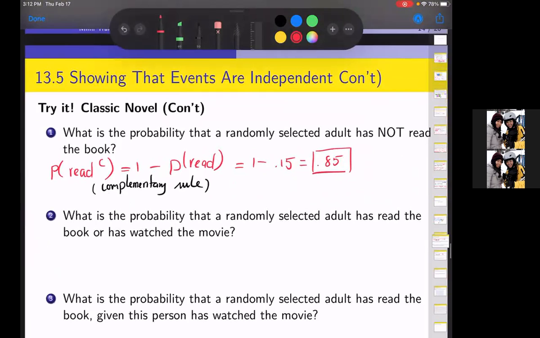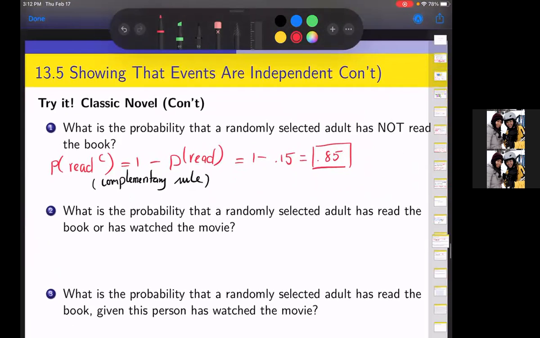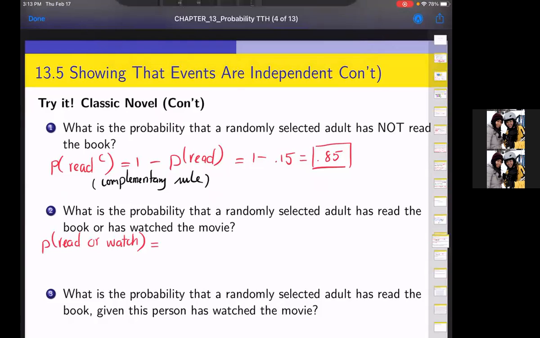What is the probability that a randomly selected adult has read the book or watched the movie? So this is P of read or watch. What rule am I using here? You don't have to tell me the name. What would I write next? Yeah, so P of read plus P of watch.